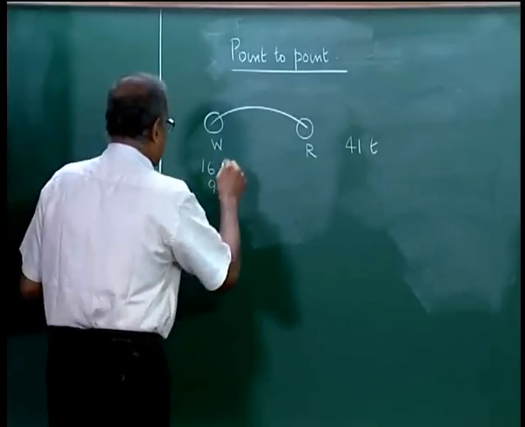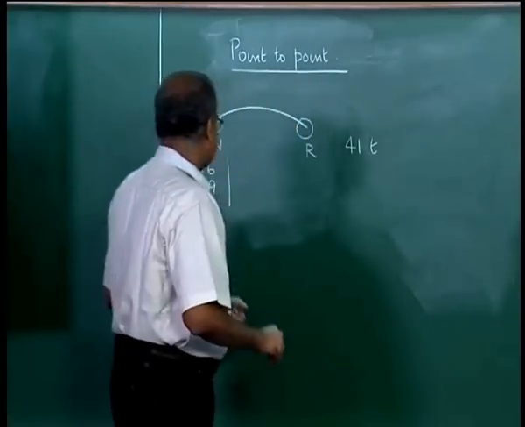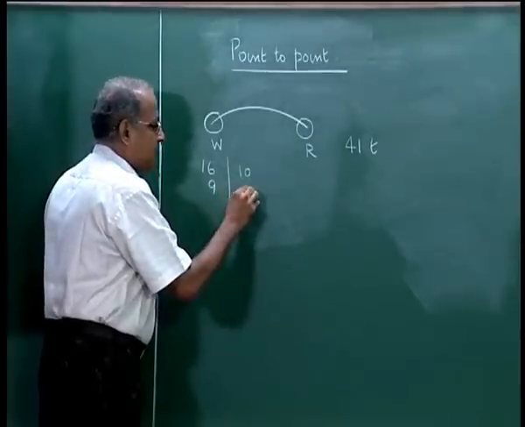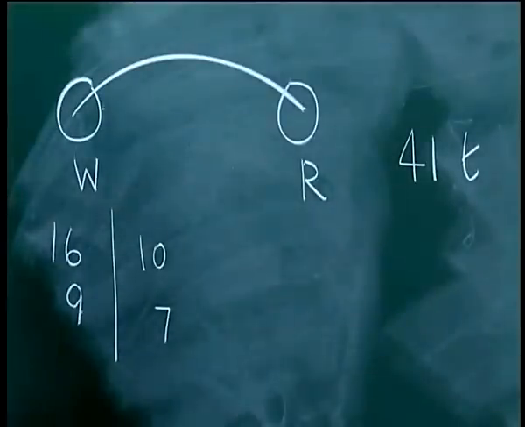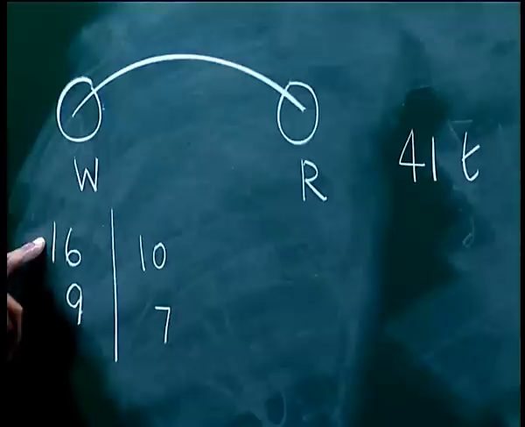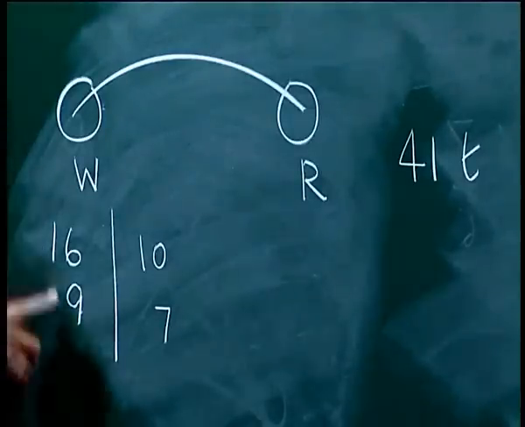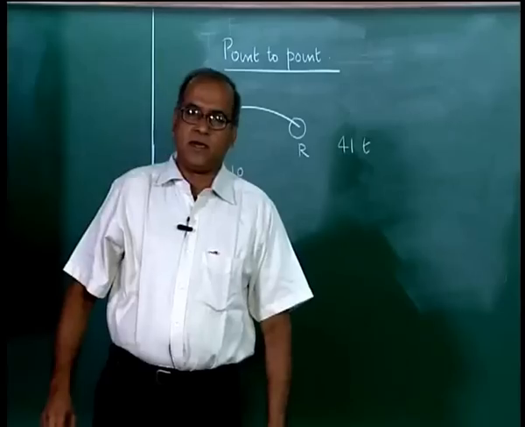Now the cost of hiring and using this is 10 and the cost of hiring and using this per truck is 7. So the question boils down to how many of these trucks do we take, how many of these trucks do we take such that we are able to transport the 41 tons and we are able to do it with minimum cost.